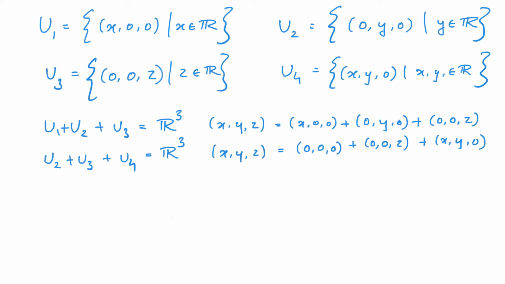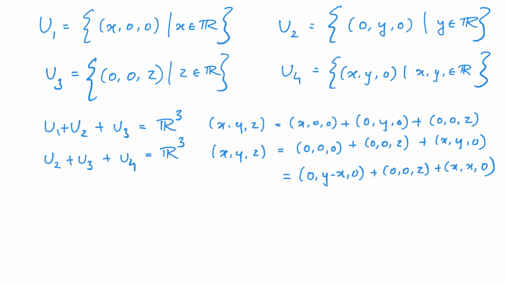Now the interesting thing is that in the sum U2 plus U3 plus U4, we can write the element (x, y, z) in another fashion. Namely, we can write this as (0, y minus x, 0) plus (0, 0, z) plus (x, x, 0).